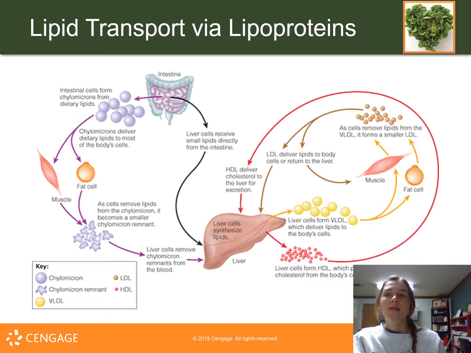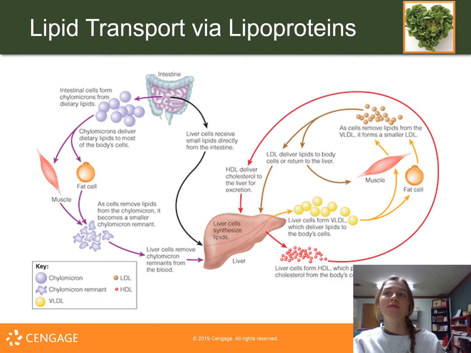And the liver cells that form VLDL, those deliver mostly triglycerides to the body cells, those are going to go to the fat cells. And as cells remove lipids from the VLDL, they'll get smaller, and then they'll return back to the liver.